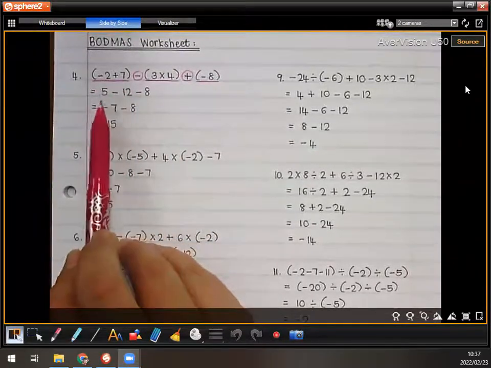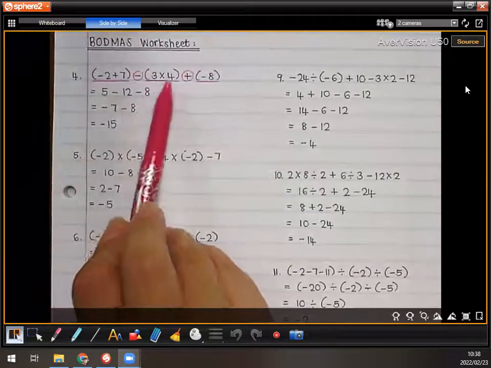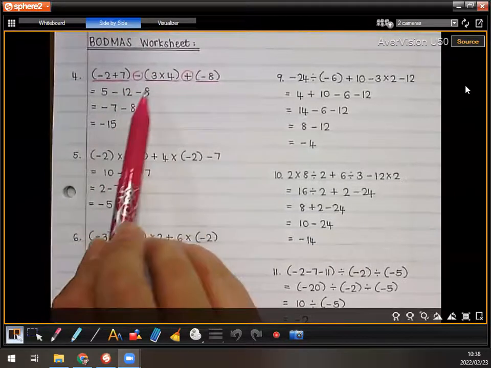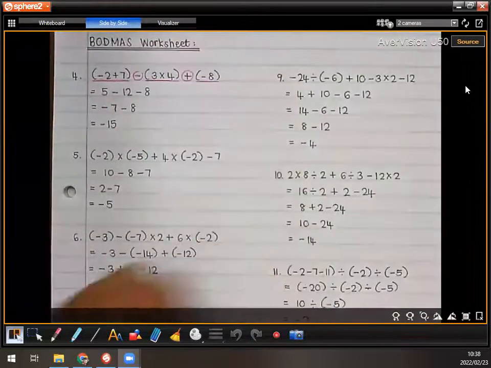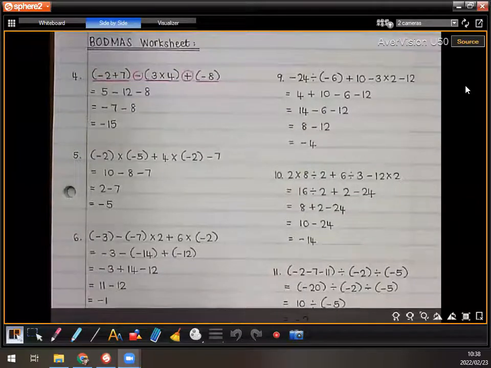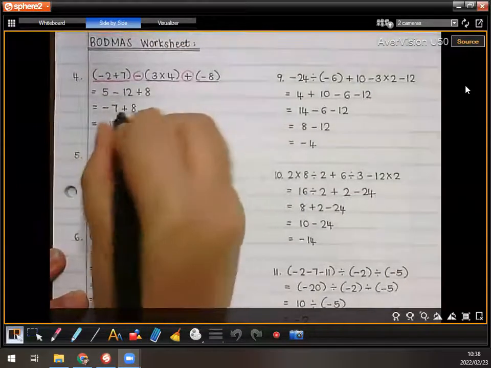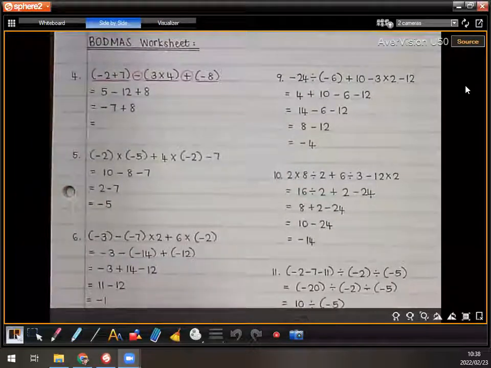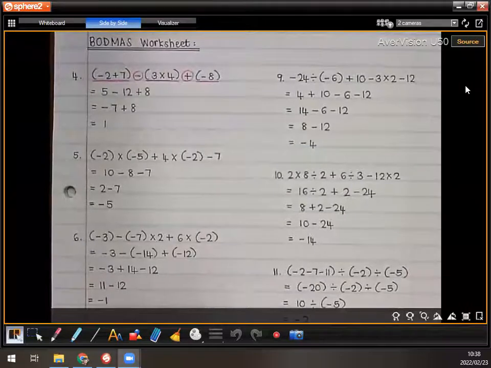So negative 2 plus 7 is 5. There we keep our minus. 3 times 4 is 12. We keep that minus. Oh, that's supposed to be a plus. I made a mistake. Sorry. Oh no, I actually didn't.